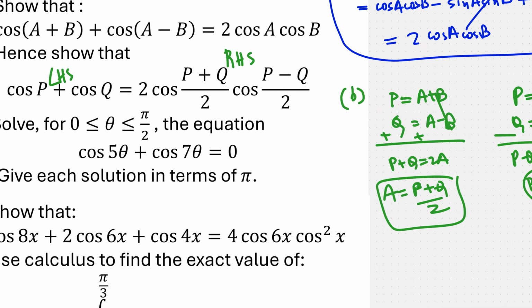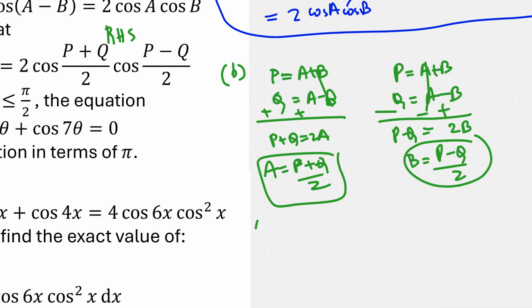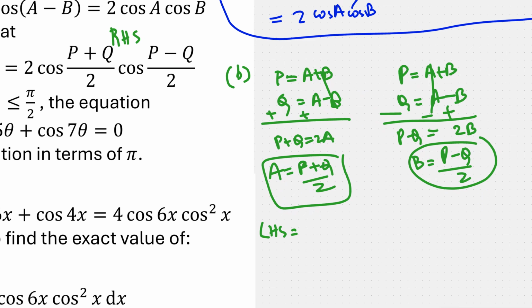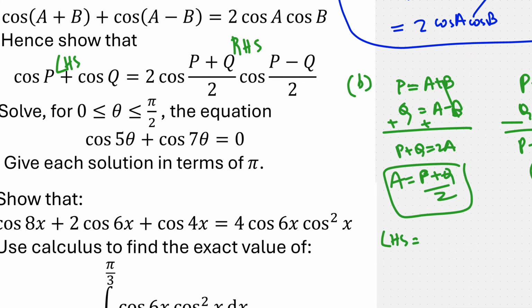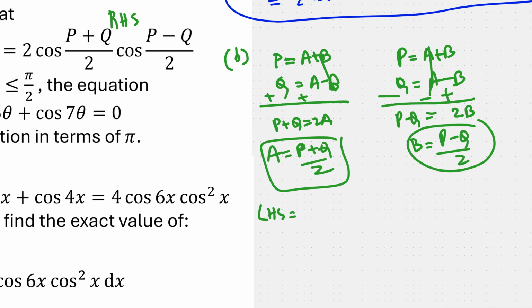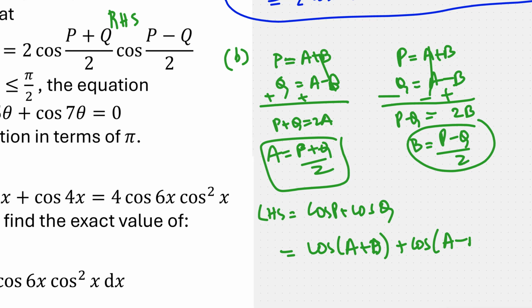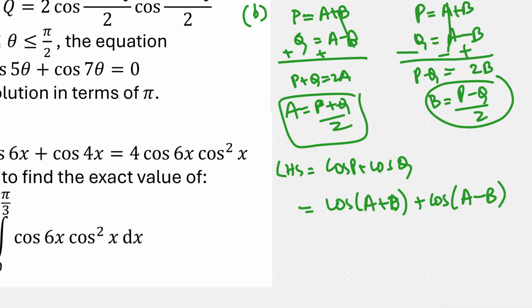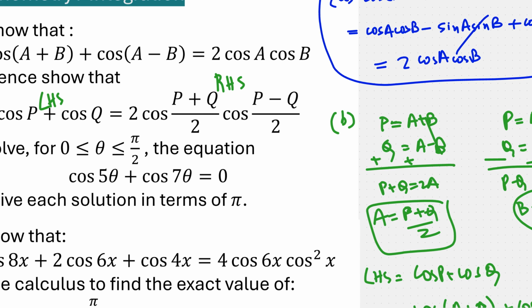Then the left hand side is equal to cos P + cos Q, and that is equal to cos(A+B) + cos(A−B), and that is equal to 2 cos A cos B. That's from the formula.